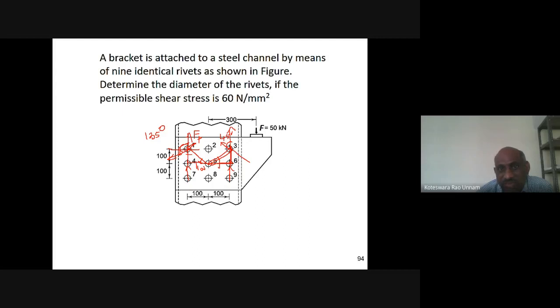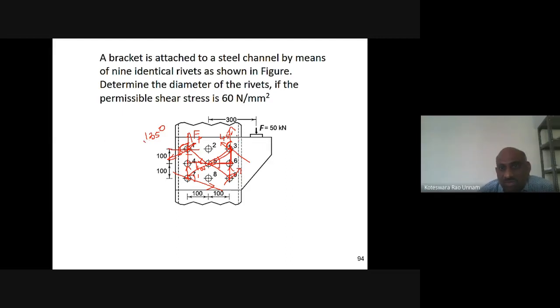Similarly for rivet 7, I draw the line perpendicular to these 2 centers. For the anti-clockwise direction, the secondary shear force direction is something like this. The angle between these 2 is again 135 degrees. Now for rivet 9, the secondary shear force is something like this, and the angle here is 45 degrees.